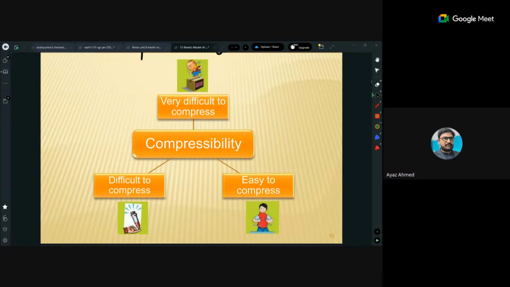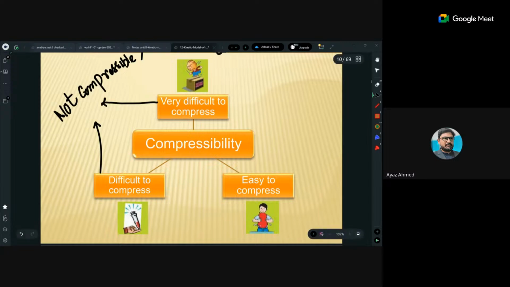They are slightly compressed, but at your level, you can say solids and liquids are not compressible. But you can compress liquids. Yeah, but at your level, if you are asked about the comparison, you will say that no, liquids are not compressed.